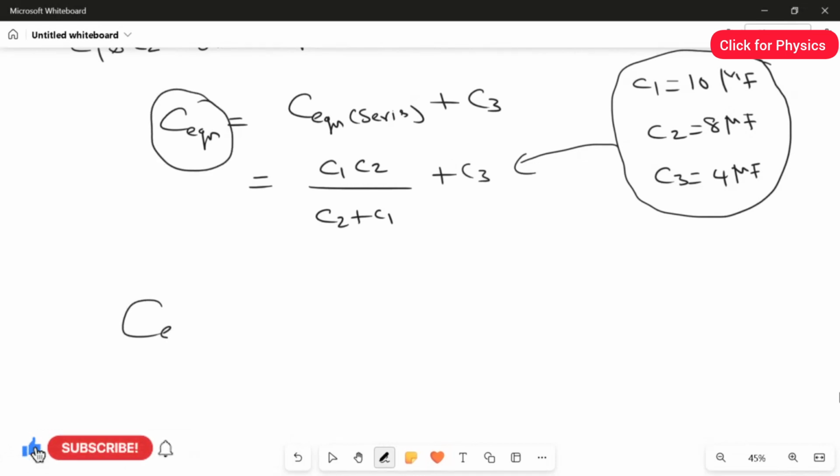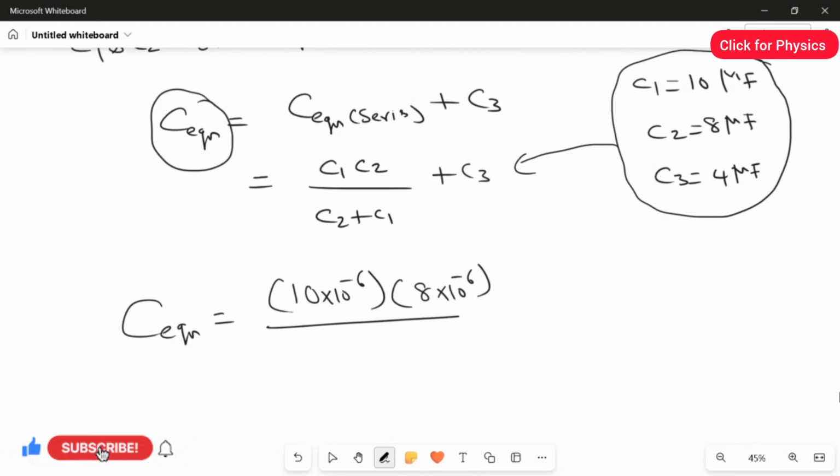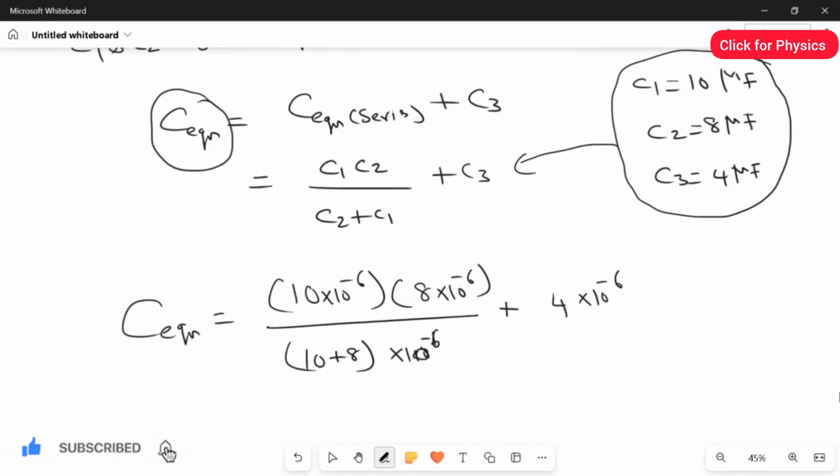So C equivalent is equal to 10 multiplied by 10 to the power minus 6, multiplied by C2, 8 multiplied by 10 to the power minus 6, divided by 10 plus 8 multiplied by 10 to the power minus 6, because both are micro, plus our C3 value, which is 4 microfarad, so 4 multiplied by 10 to the power minus 6.